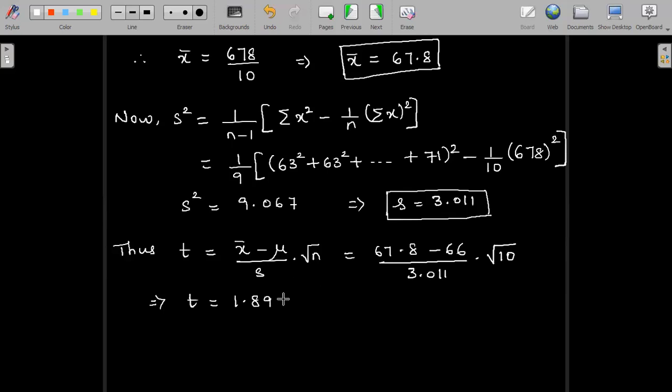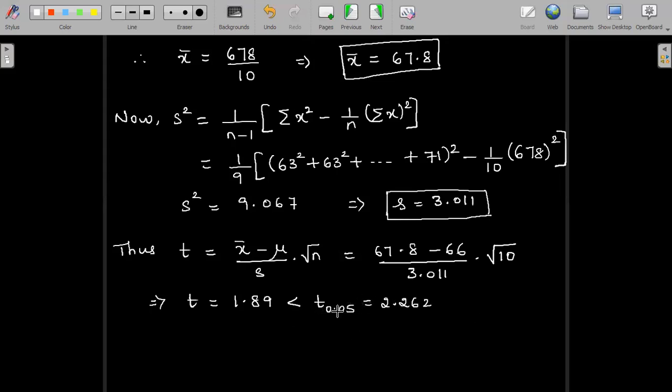1.89 approximately. And we observe that this is less than t 0.05 which was given in the data, 2.262 for 9 degrees of freedom. Since n is equal to 10, nu is equal to degrees of freedom which is n minus 1. So for 9 degrees of freedom we had to compare with.